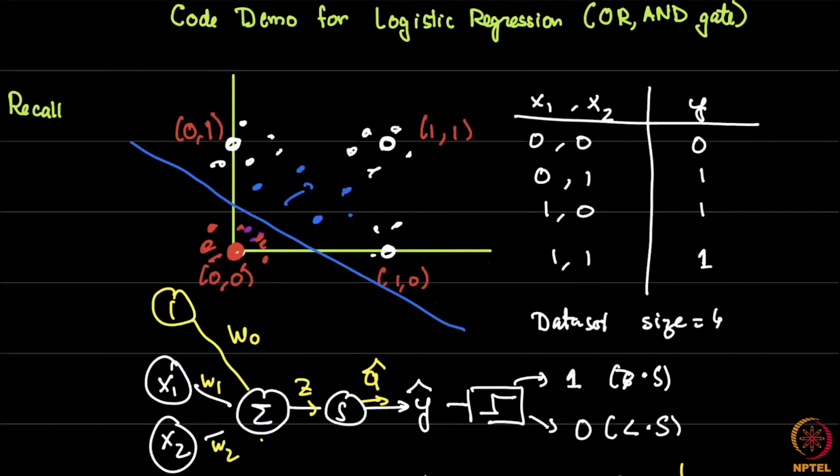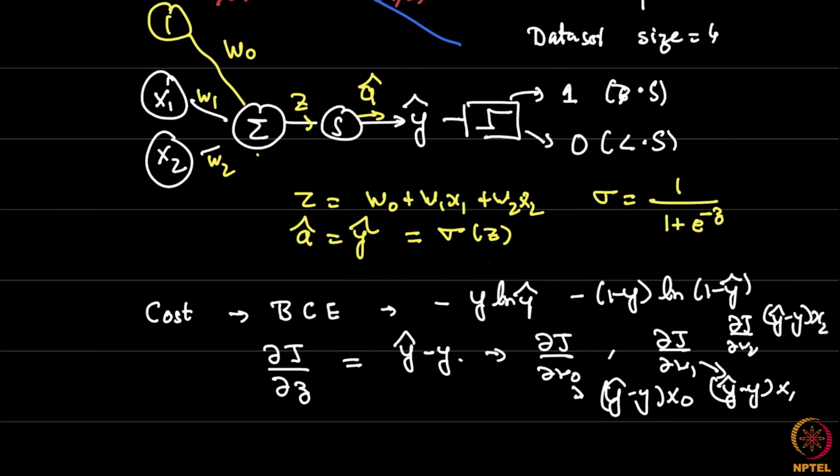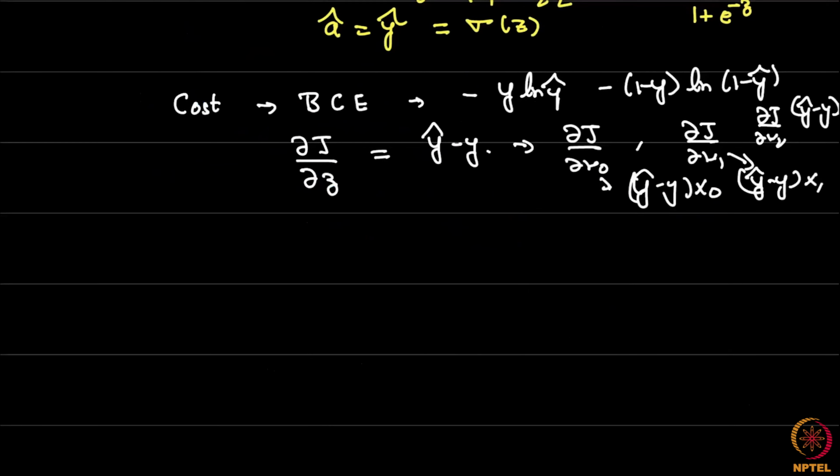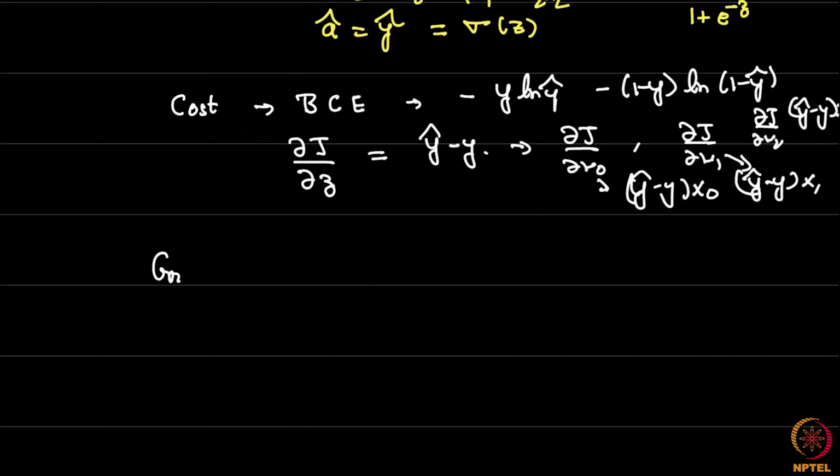The idea, of course, is in this case to start with arbitrary W0, W1, and W2, just some random weights. I had given you in the video in the 9th week some heuristic arguments on how to come up with W0, W1, W2. But here we wish to do a full gradient descent solution.